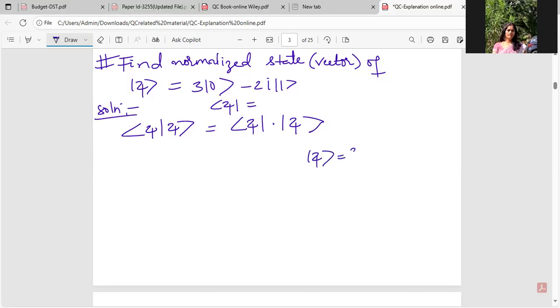3 into (1, 0) minus 2i into (0, 1). Ket 0 is (1, 0) and ket 1 is (0, 1). So this is (3, 0) and (0, minus 2i).